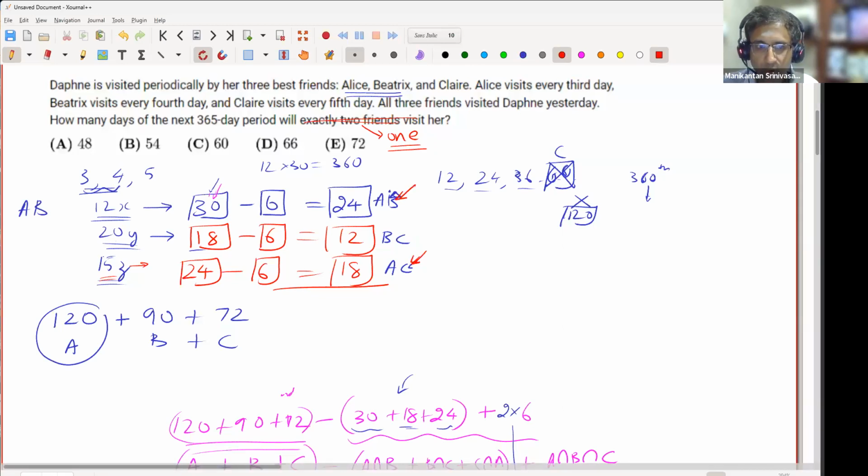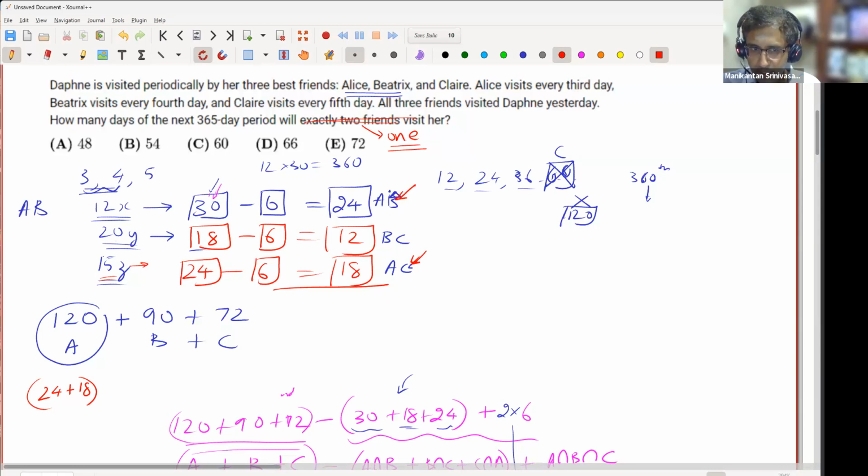So there are 24 plus 18 days where A attended along with B or along with C. So it's 120 minus 24 plus 18, where A attended alone. Is this right?